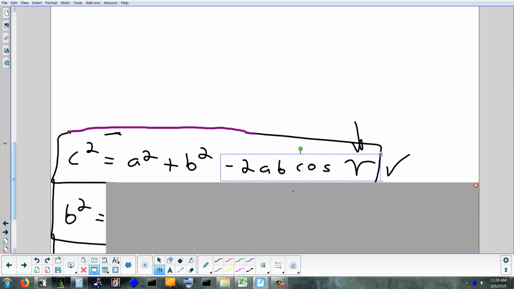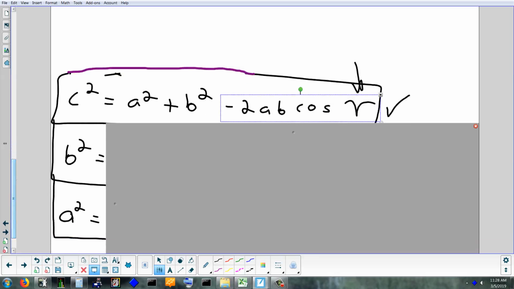Now, there are 3 different versions of the law of cosines, and they're all arranged very similarly. Does anybody have a guess what the second one would look like if it follows the same pattern as the first one?